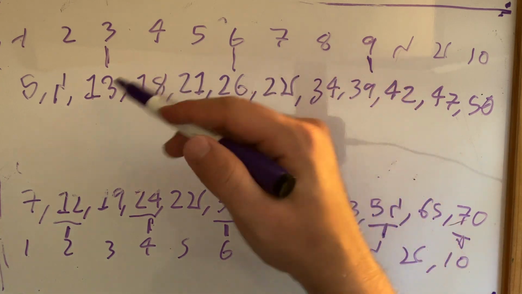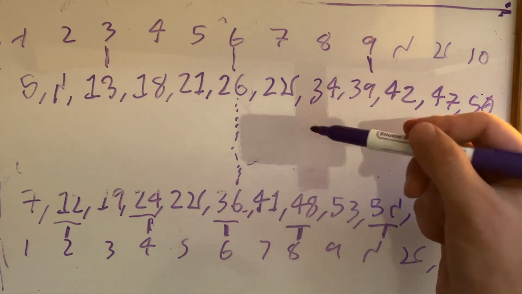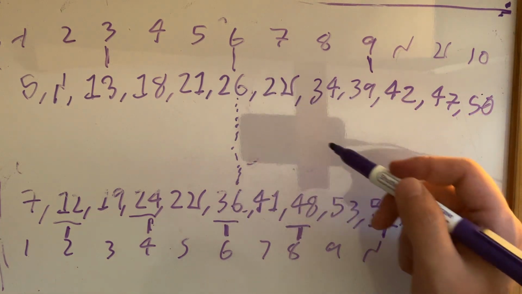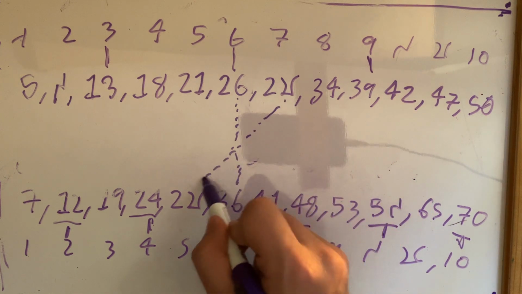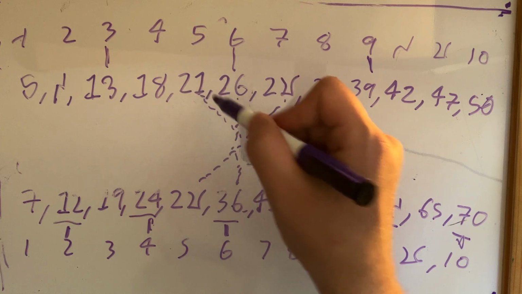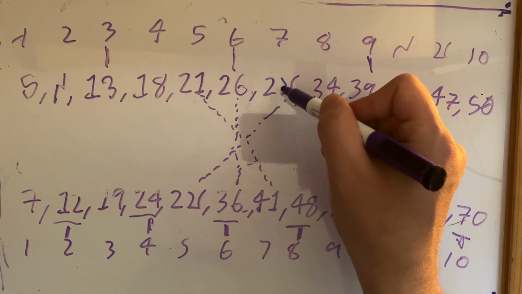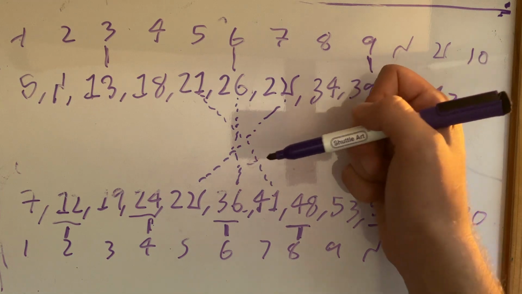See that 5 times 6 is 26. 7 times 6 is 36. We end up with a 6 in the ones place both times. But then I also noticed this kind of weird crossover going on here. 21 here, 41 here. 20. Whoa. I think I wrote something down wrong.